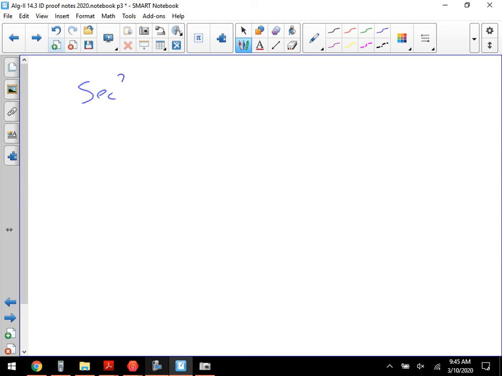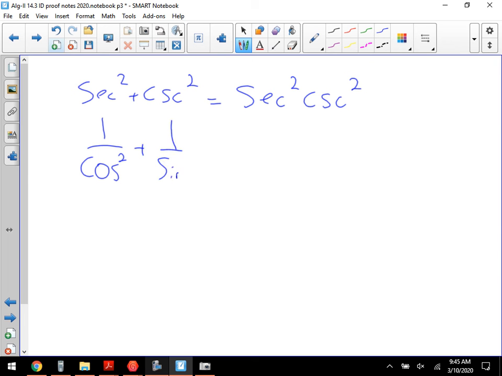Secant squared, cosecant squared. Same idea. Rewrite it in terms of sines and cosines. Get a common denominator. You have 1 over cosine squared, 1 over sine squared.